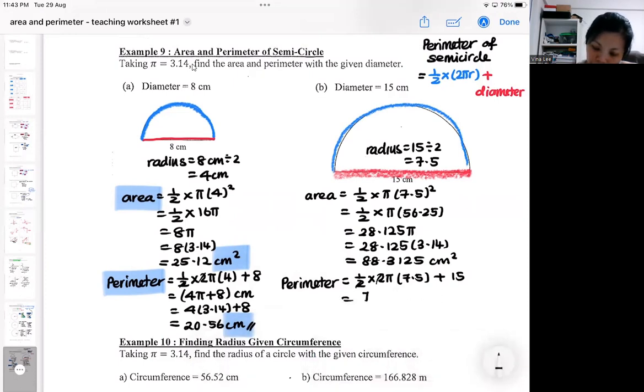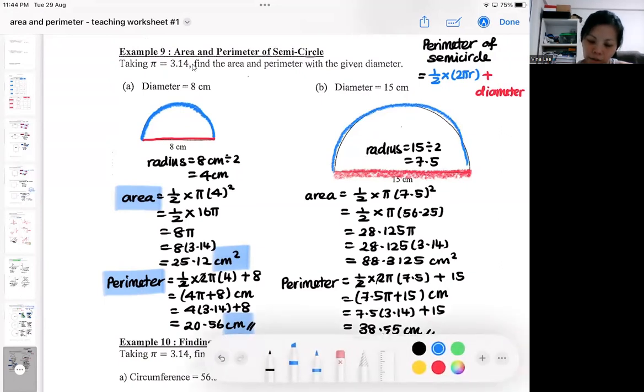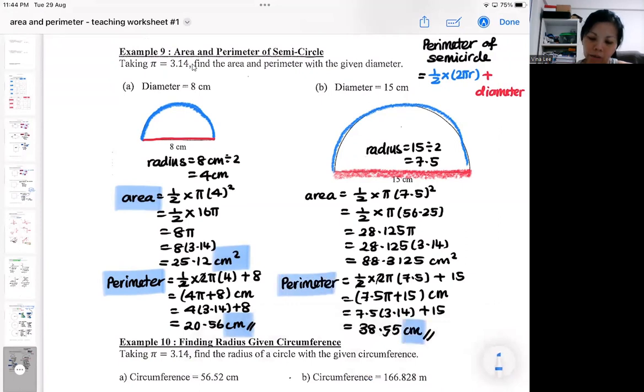So I'll get 7.5 pi plus 15. So that will be in centimeter. Again, this is the answer if you are supposed to leave it in terms of pi. Otherwise, you put in the value of pi that is provided to you. Then you punch it up. So again, remember label, units, label, units.